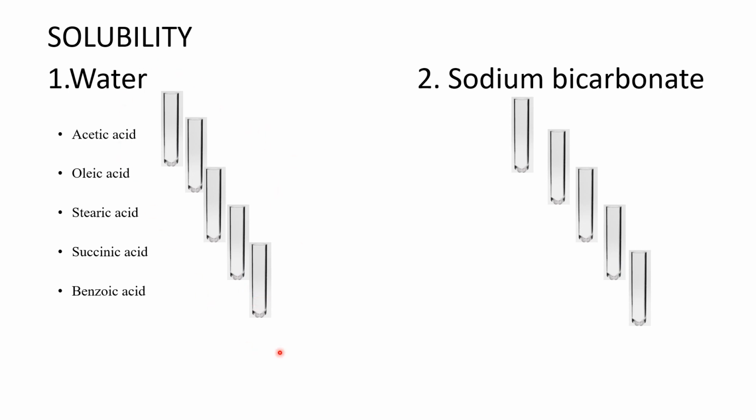Okay, so this is your first set, to which you will add 3 ml of water, because we are determining solubility in water. In the next set of test tubes, again, you will place the following samples: acetic, oleic, stearic, succinic, and benzoic.